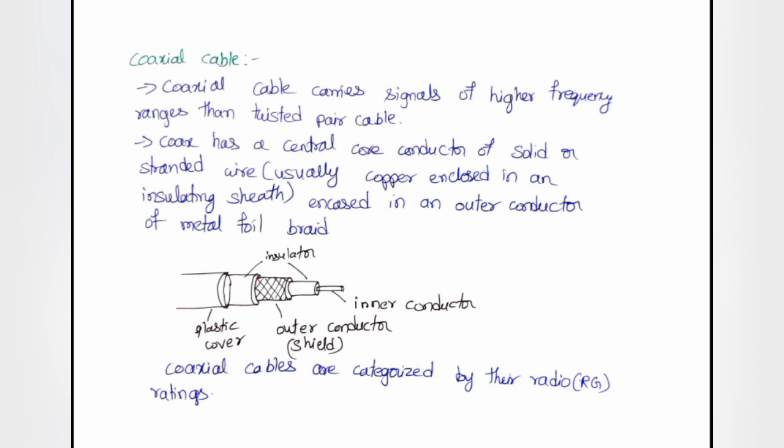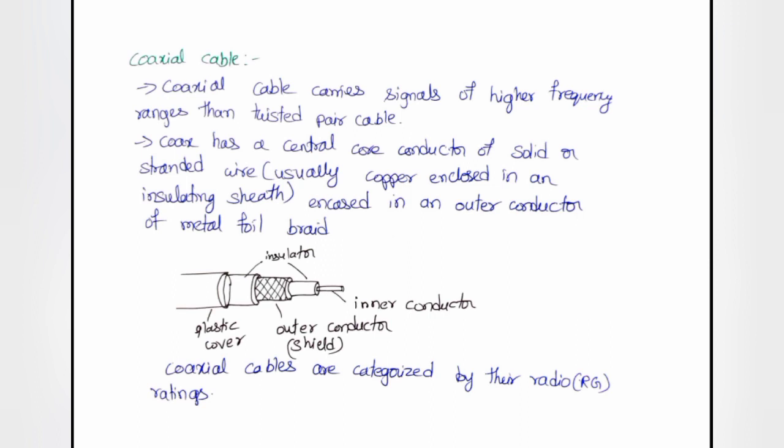Coaxial cables are categorized by their radio government ratings, that is RG ratings. We use the coaxial cable frequently in dish connections.